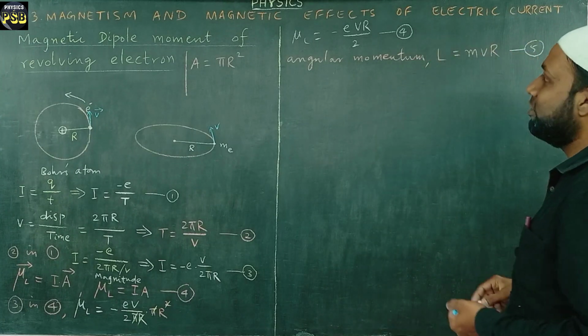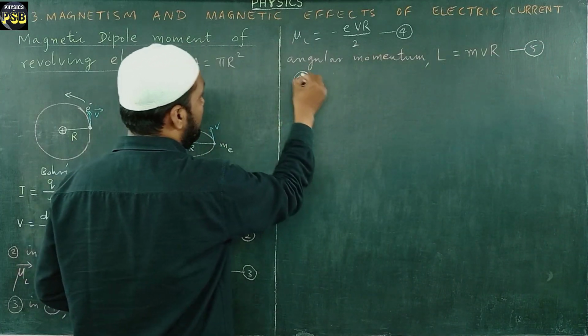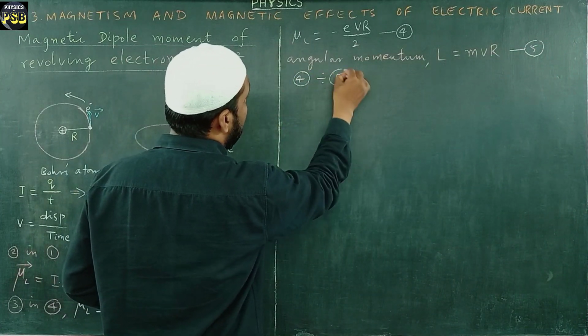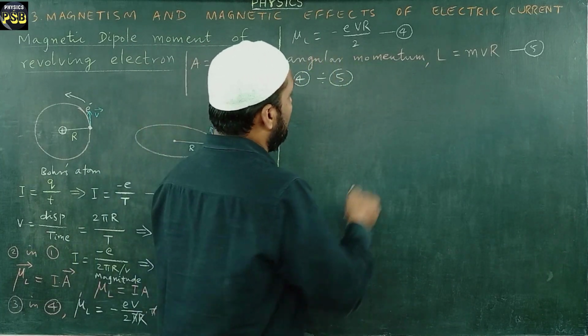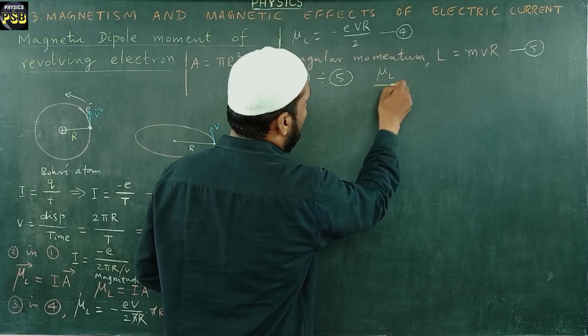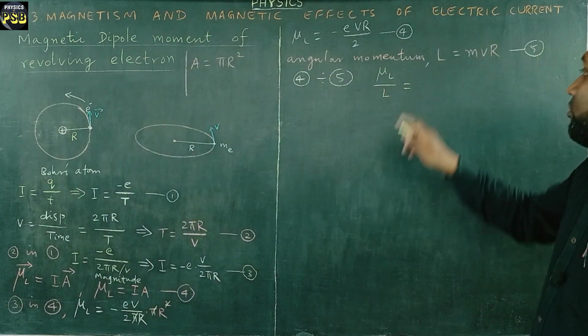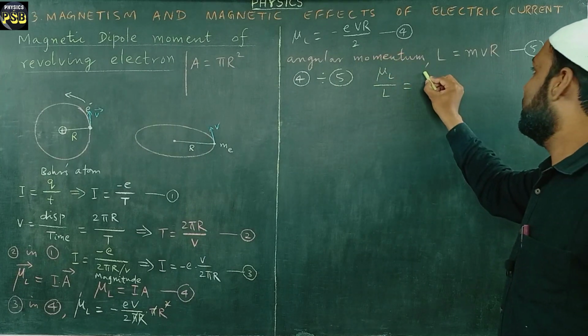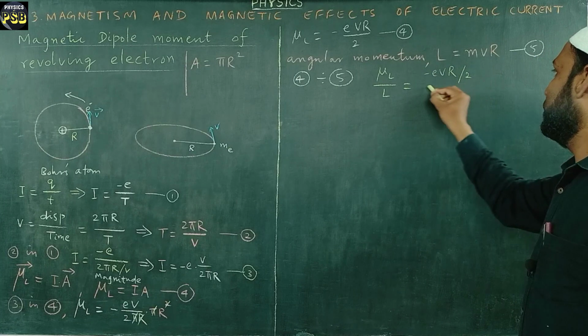Now I divide 4 by 5 to get the ratio between these two. So what I obtain is this. Mu L upon L equals, what is the value of mu L? It is minus e v r divided by 2.